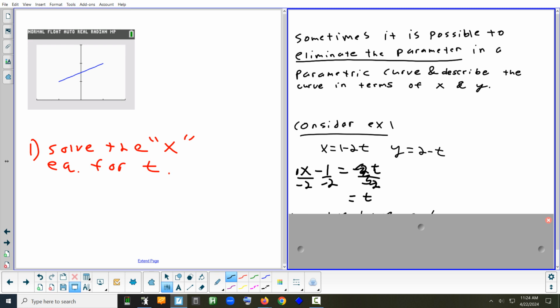Yeah. So what we really have is negative 1 over 2. That's the number that's in front of x. It's like a negative 1/2 x. And what's negative 1 divided by negative 2? Positive 1/2.